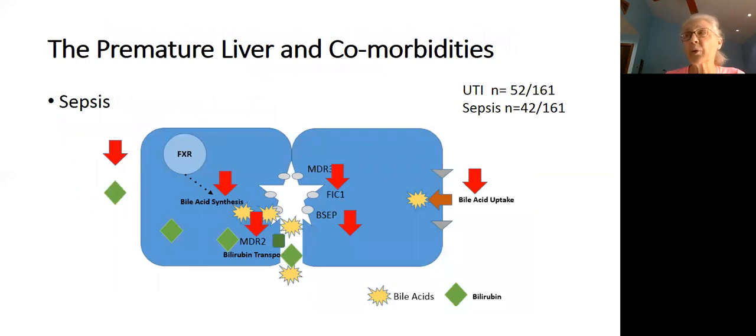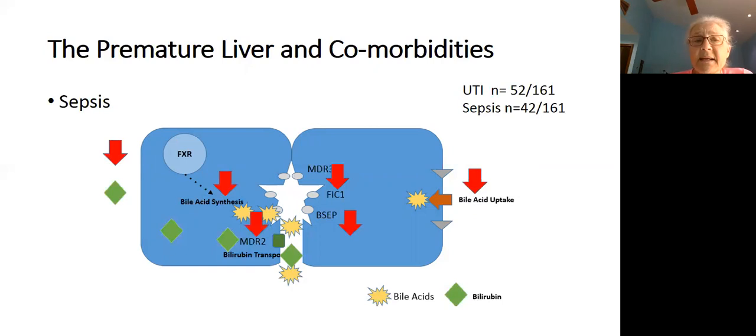Then you have comorbidities. Bad things happen to babies in the NICU, especially urinary tract infections and sepsis. And this is a study that I did that looked at about 160 babies, and a number of them had urinary tract infections and sepsis, which accounted for their cholestasis.